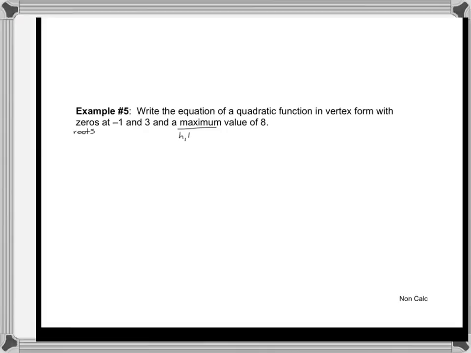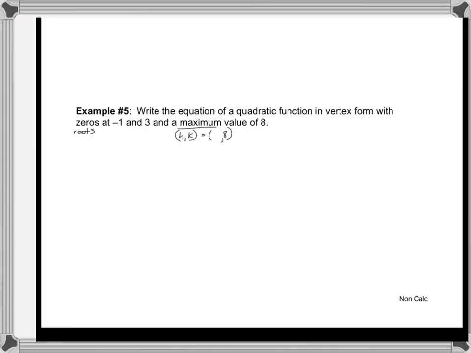So this is your (h, k). So value of 8. So that means we know the y value, but it's not given in functional form. So I've got to figure out the x value. Well, I know the y value is 8, but where is my vertex?